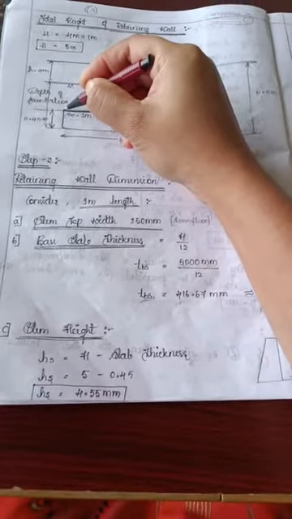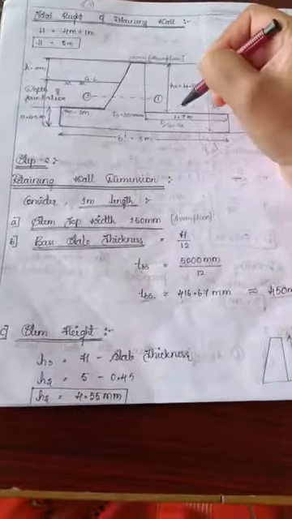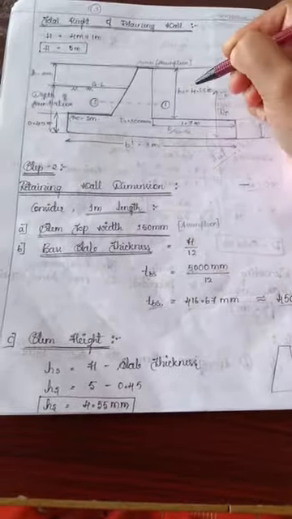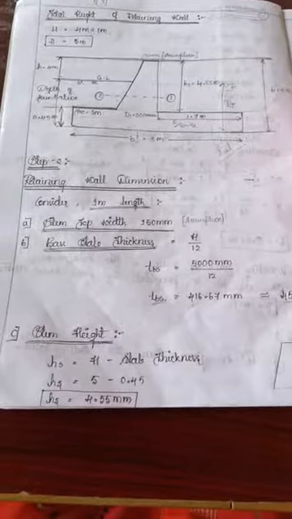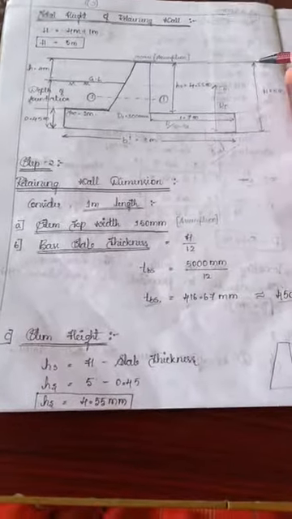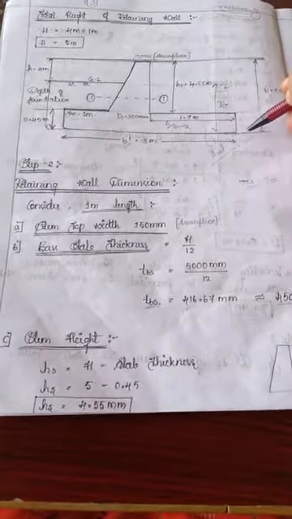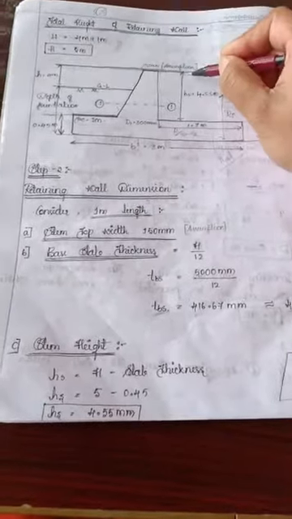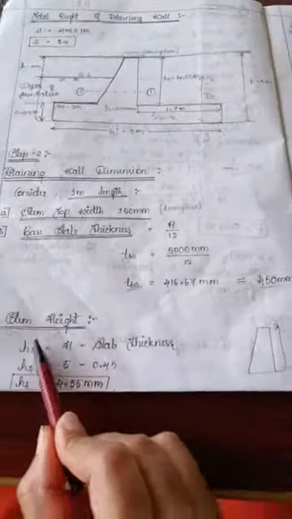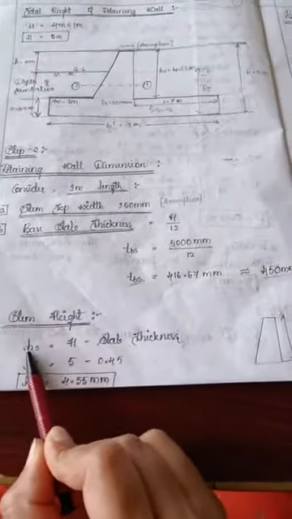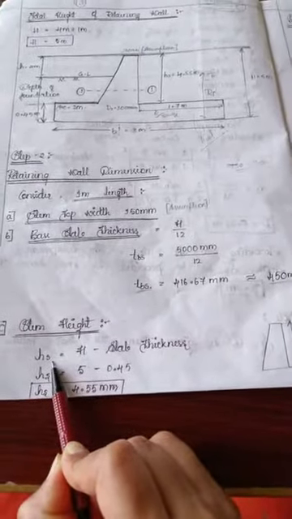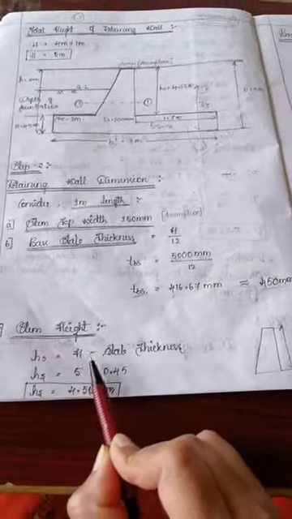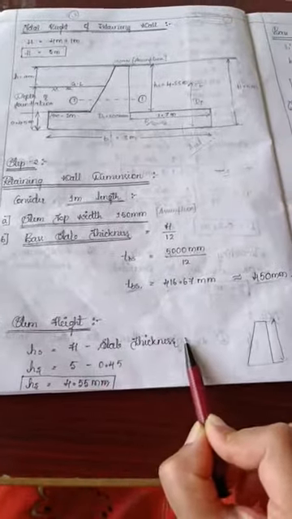After that, we find the stem height. Stem height means overall height minus TBS. The overall height is 5, minus TBS. We indicate the stem height as Hs, which is equal to capital H minus slab thickness.